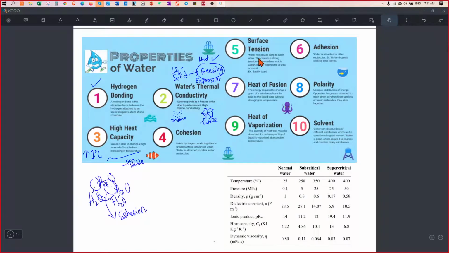This is a special property of water, meaning that water can be spread out. For example, you have a surface and a molecule of water, and you can spread it out. Think of it like spreading butter or jam on your bread. You can spread it across the surface for quite an area or distance before you can break it, and this property is called surface tension.